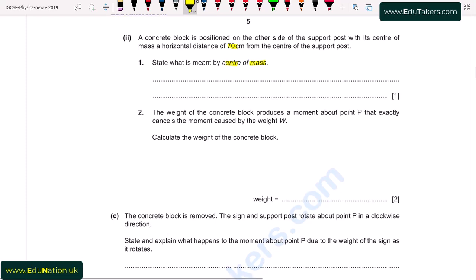So, I write here, we just write its definition because it's a 1 mark question. So, the point where all the mass of the body is concentrated.